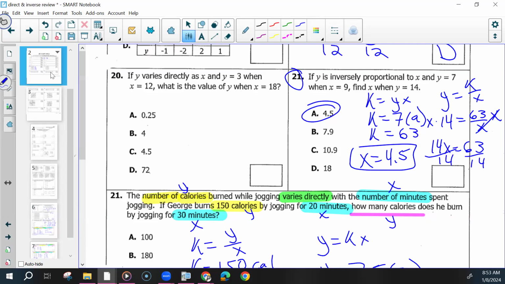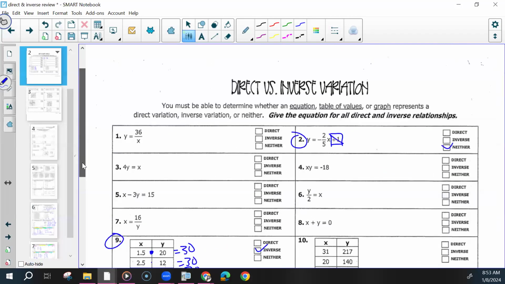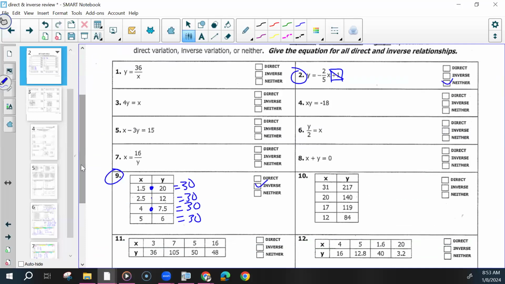Or answers? Number 4, you have to see, is this one of your formats, your direct or inverse equation, or is it one of the ways to find k? Is it any of those?